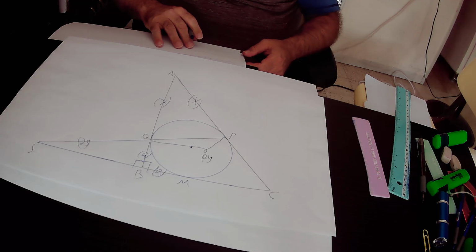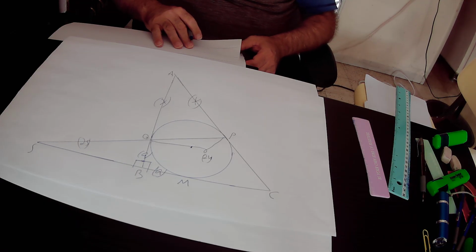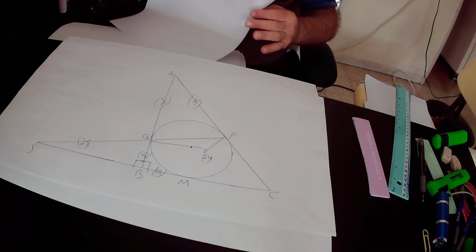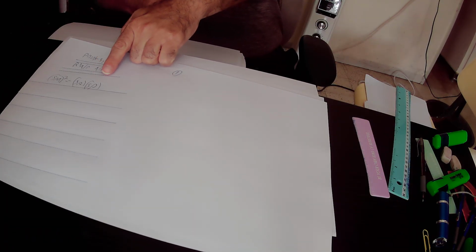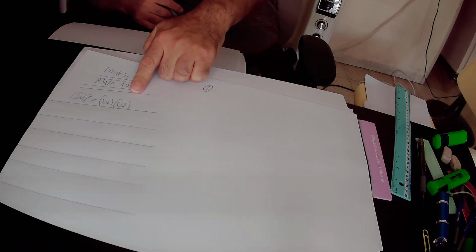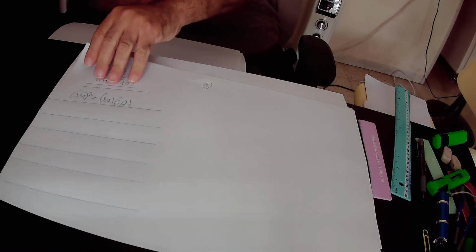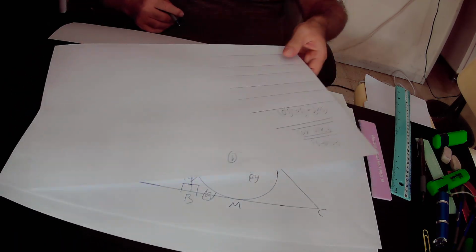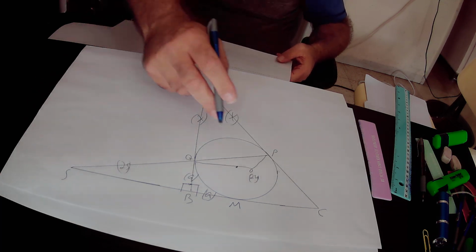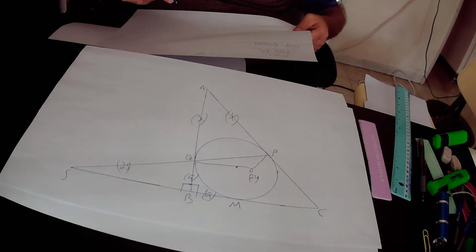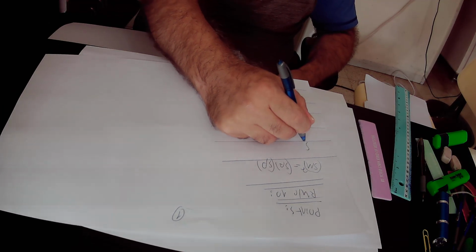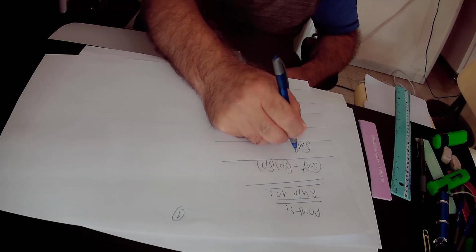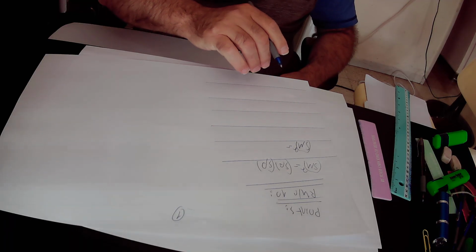And then again, according to rule 10, the following equation is true, that SM squared equals SQ times SP. SM is the missing tangent, so we leave it as it is, so it is SM squared equals SQ times SP.